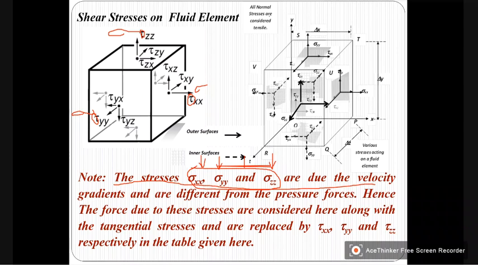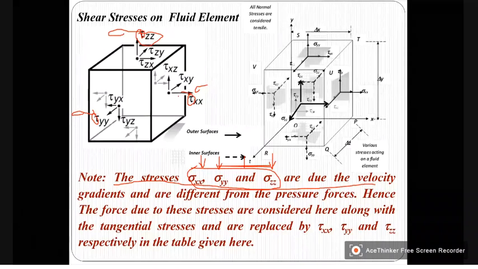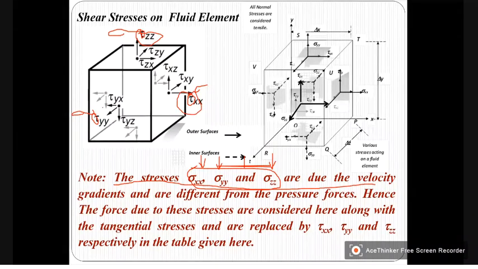Now, to distinguish from the earlier notation of sigma xx, sigma yy, sigma zz, which we used for pressure, I have used this notation of tau xx, tau yy, and tau zz in place of sigma xx, sigma yy, sigma zz, to indicate that these are due to shear stresses, tangential stresses.